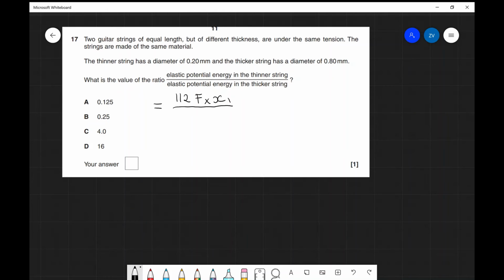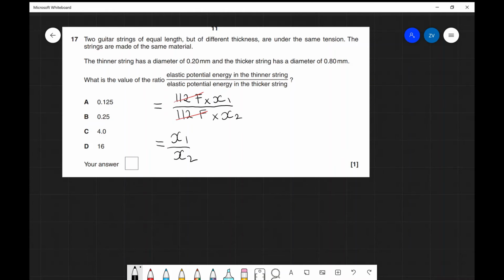Let's call that x2 for its extension. So that's going to be divided by a half F times x2. Well, notice that almost everything is going to cancel in this ratio. This is normally what happens in a ratio, that a considerable amount actually cancels out. So we can get rid of these half F's, and what we're left with is just x1 over x2.